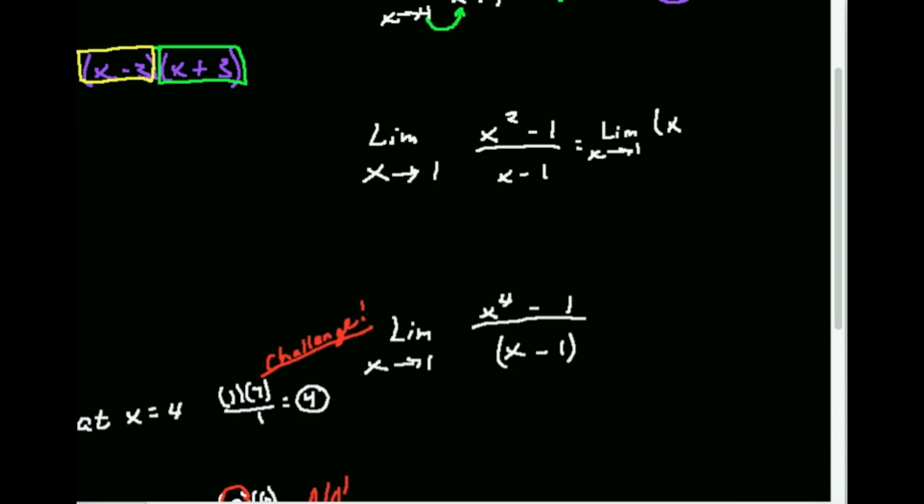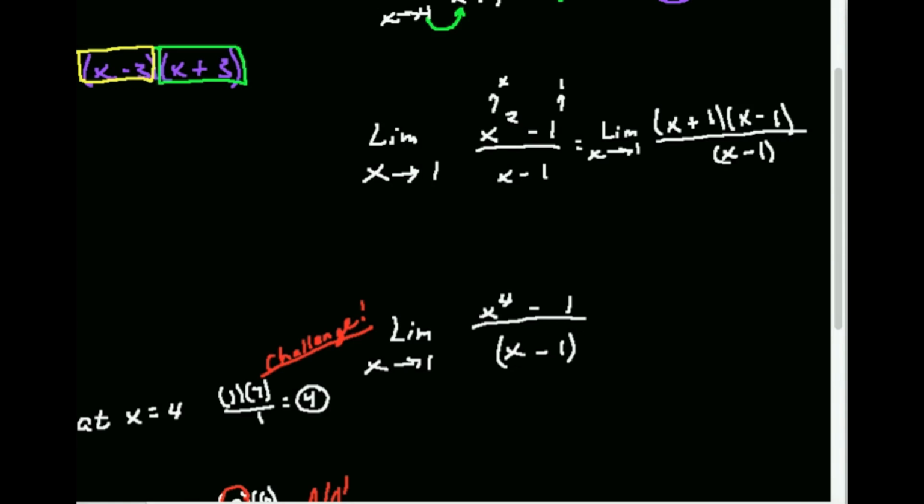And what's the square root of 1? It's just 1. So I should get an x plus 1 times an x minus 1. If you multiply these two things, that's x squared minus 1. And then the whole thing is divided by x minus 1.